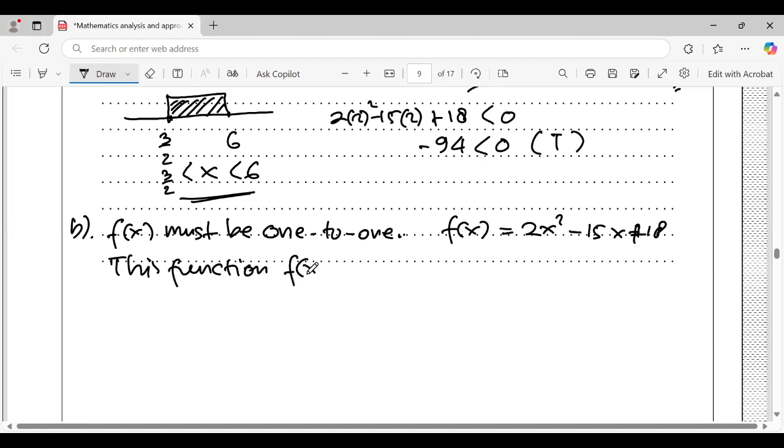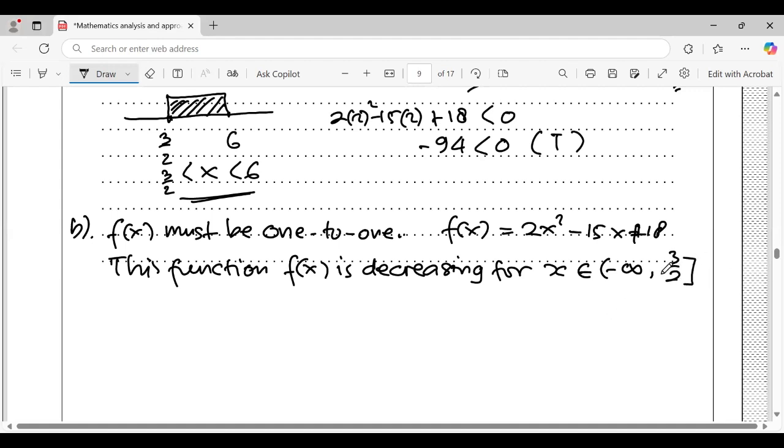Function f(x) is decreasing on the interval for x element of minus infinity to 3 halves.